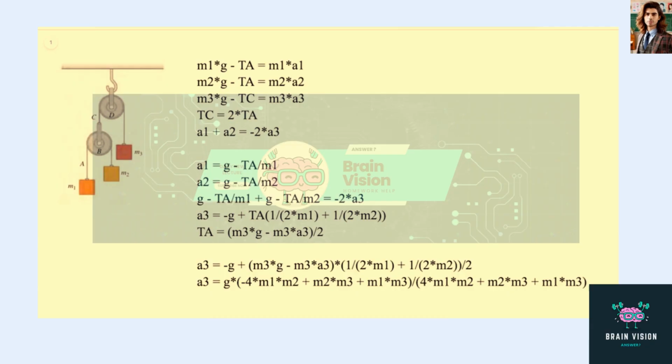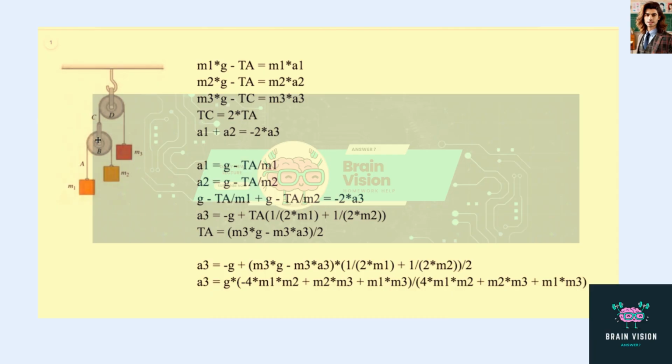Now, part B asks us for the acceleration of pulley B. I guess I didn't keep the equation, but if you remember, we were talking about the acceleration of pulley B and its connection to mass 3.